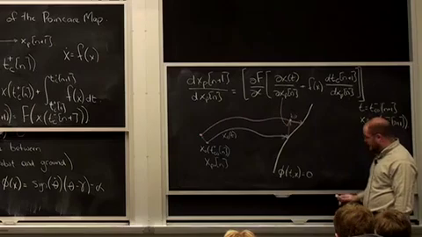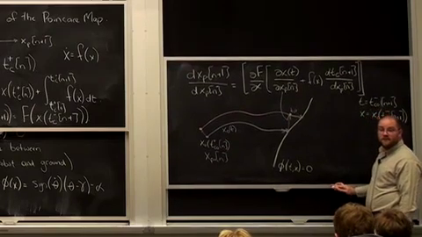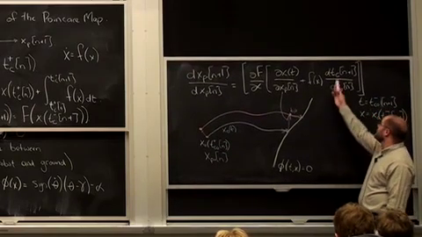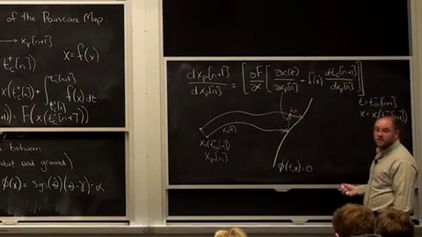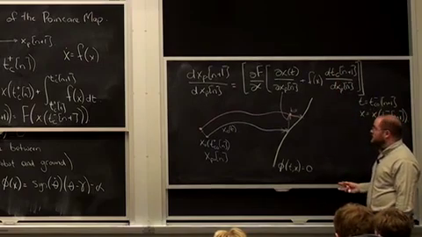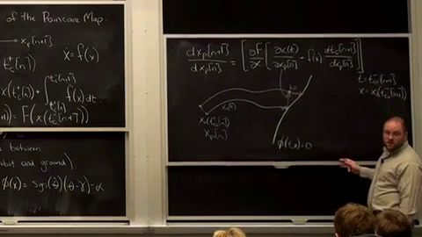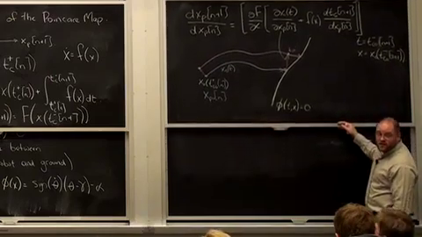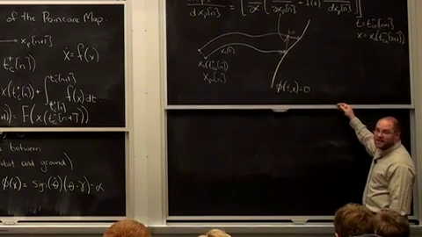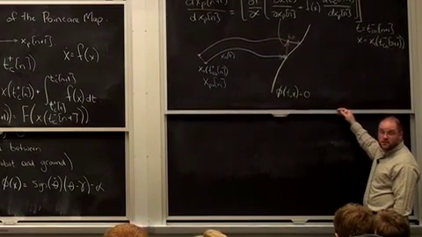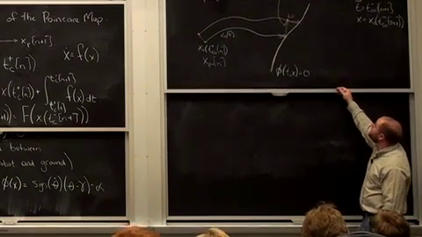Yeah? So you never take a derivative of the phi function? You do. I'll show you. So in order to get this, we're going to have to take a derivative of the phi function. I can't tell if people are bored by this or intrigued by this or don't care. But, okay, does that make sense? Good.